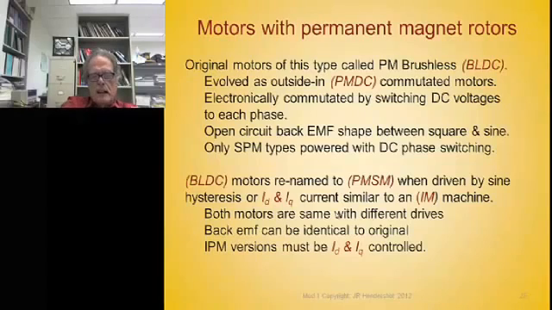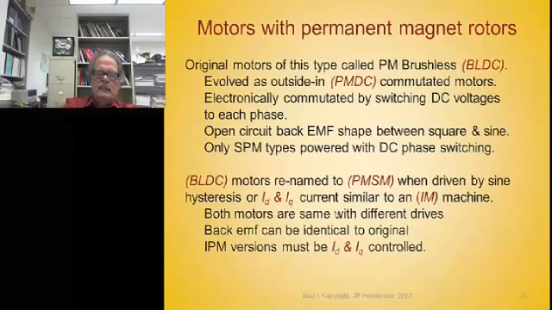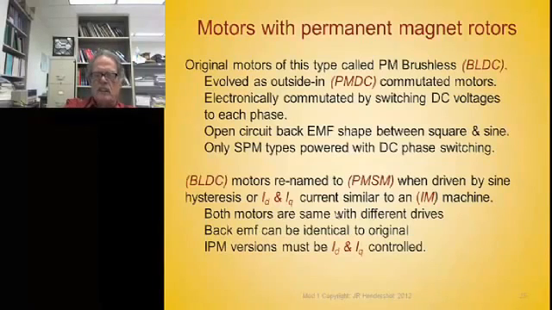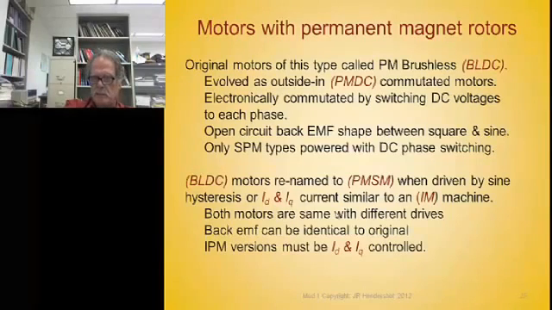But then, as the years went by, they started to drive these motors differently, and instead of switching DC, they would apply sinusoidal AC to all three phases instead of two phases at a time, like they did with the brushless. But let's go back to this statement here.